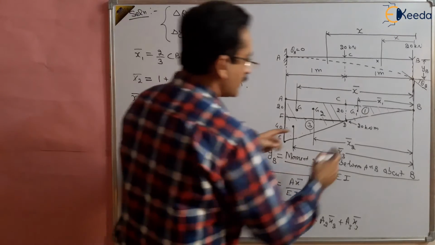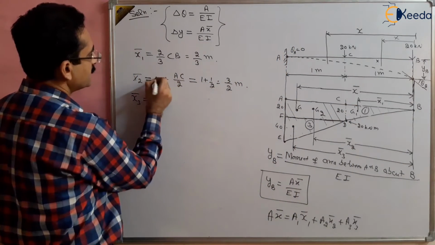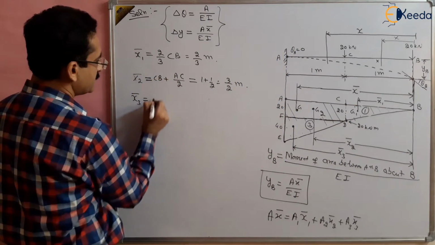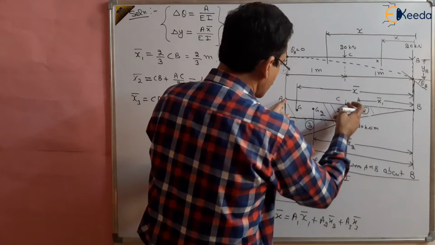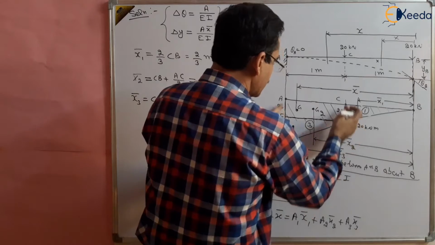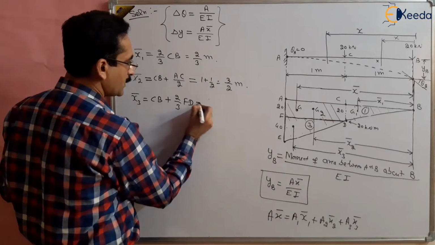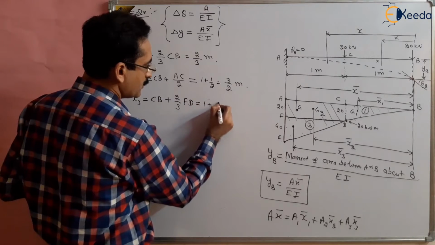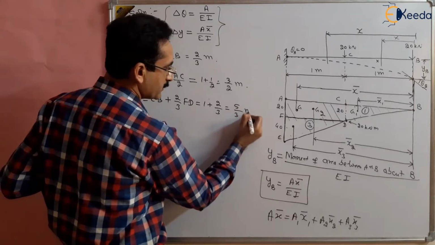First is CB, which is 1 meter, plus 2/3 of the total distance FD, which is AC, right? So this will be 1 plus 2 by 3, which is 5 by 3 meters.